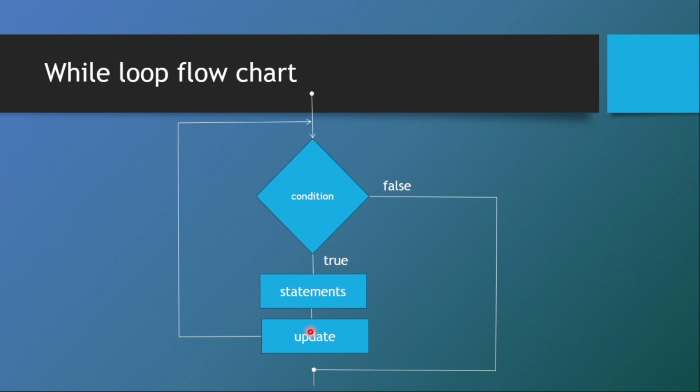And then you update the increment value. So here we have our increment value, we have our statements. So if the condition is true, print out this. And if this is done, update the increment, and it will go all the way up to here, and then we'll have a loop continuing to go until the condition becomes false.